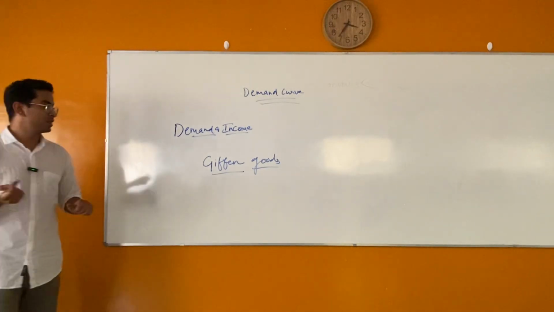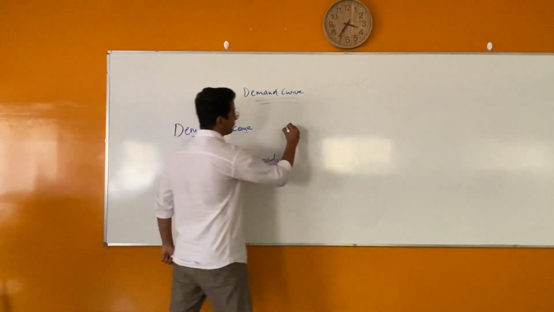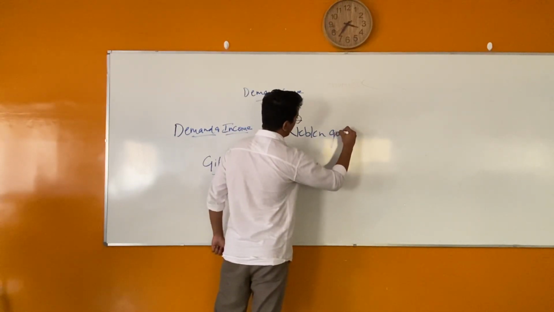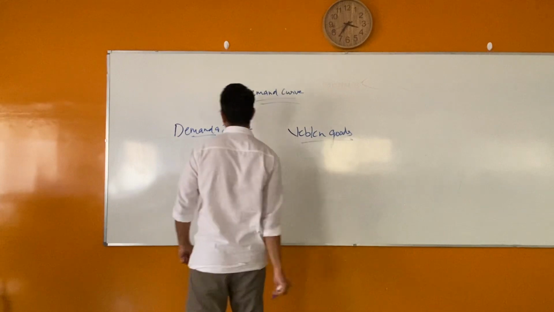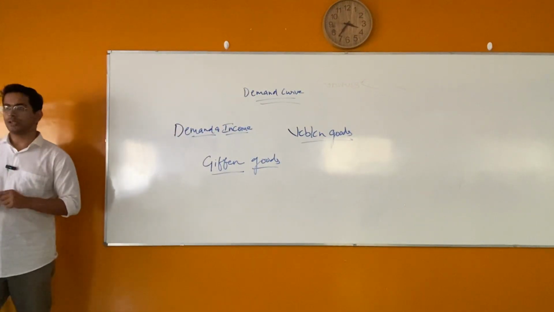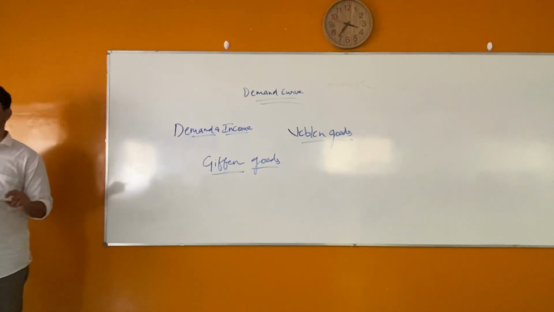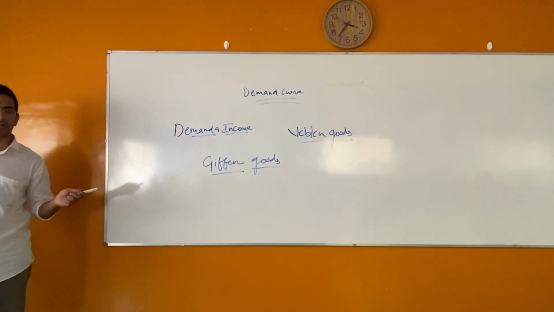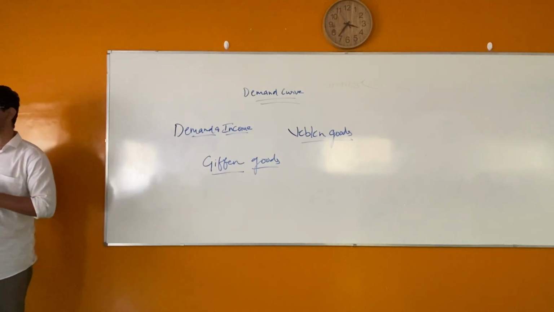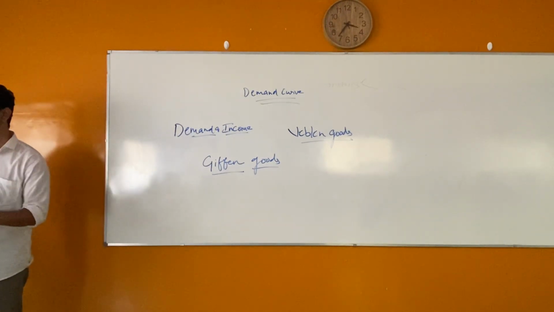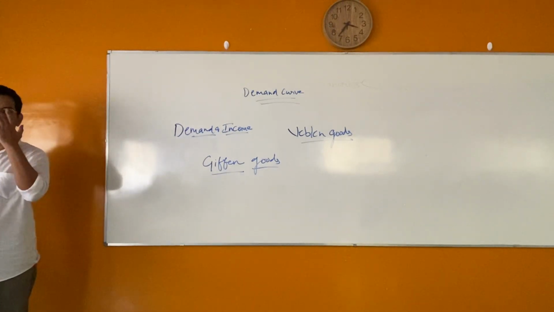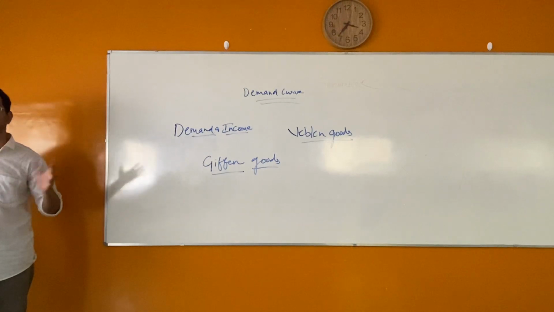The next one is Veblen. Here also the demand increases as the price increases. It's the same as Giffen goods, but it's high quality goods like status symbols: Rolex watch, car, fine wine, or celebrity-endorsed perfumes.